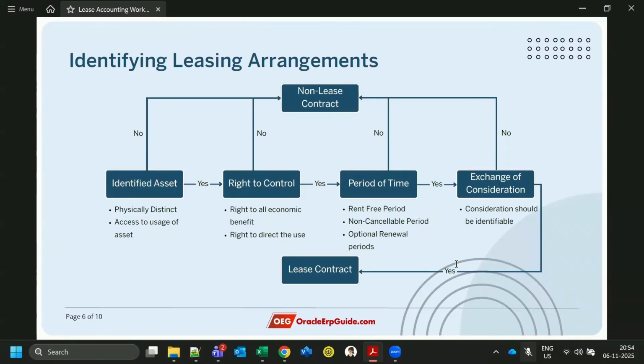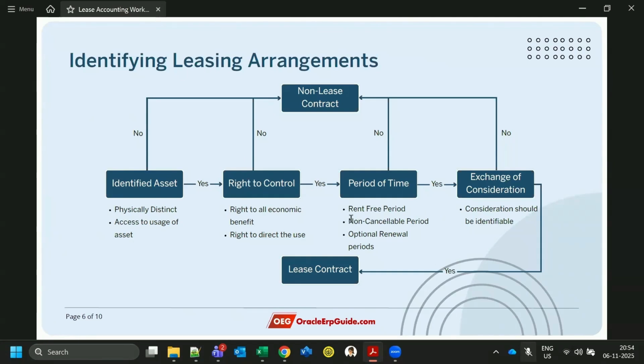And when we talk about a period of time, it includes a rent-free period, which means that there could be scenarios where the landlord might say that there are still certain construction activities going on at the property, and I will provide you a rent-free period of 2 to 3 months while I complete the construction activities. In that case, I have a rent-free period, but that rent-free period will still be a part of my entire lease term.